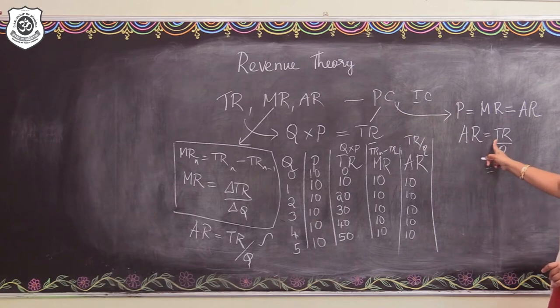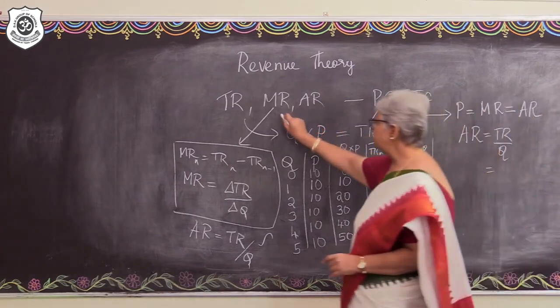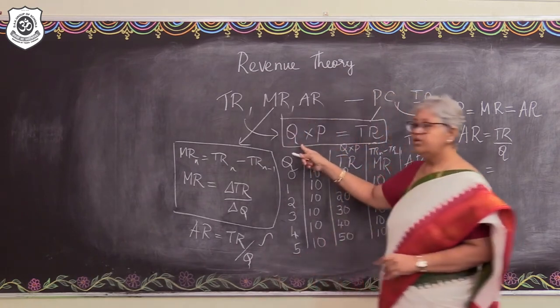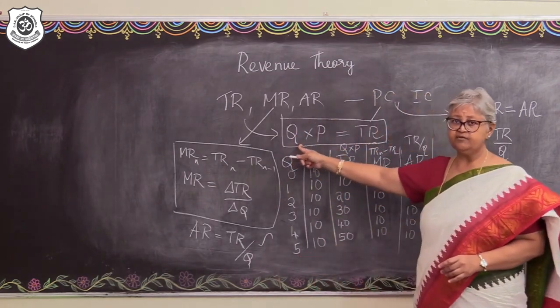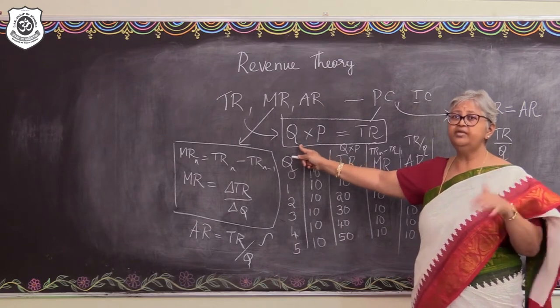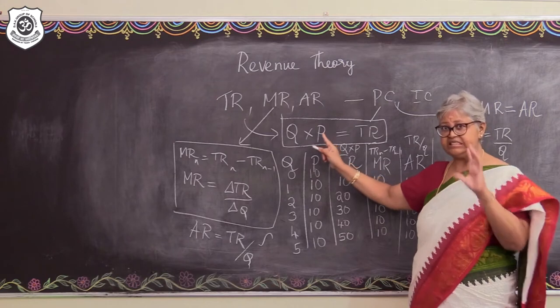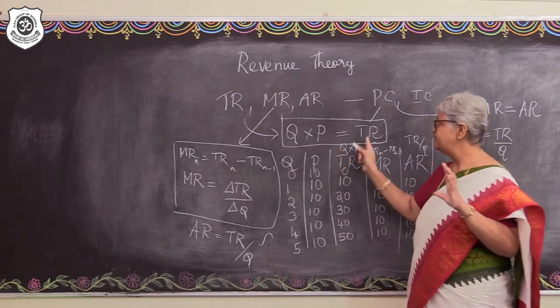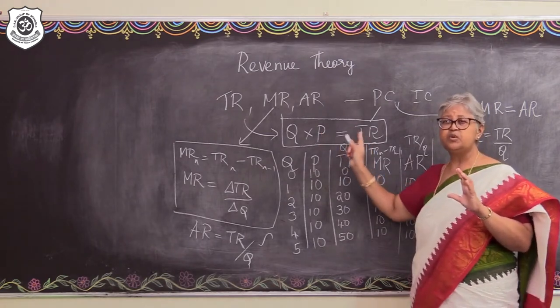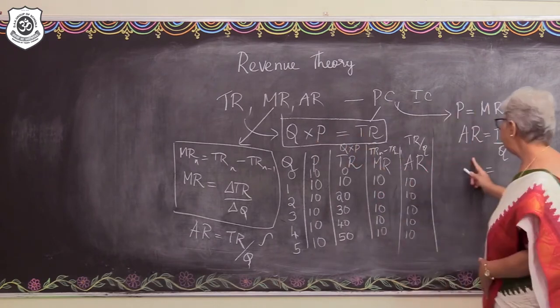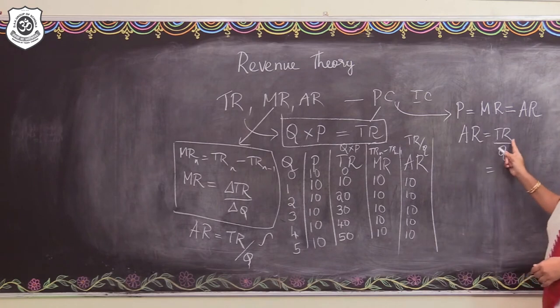Total revenue, initially we have said, is nothing but the total sale proceeds for the firm, even as all the output is going to be sold at a certain value, which is the price. The revenue that is generated is the total revenue. Q into P is equal to TR. So let me just expand this TR up here.